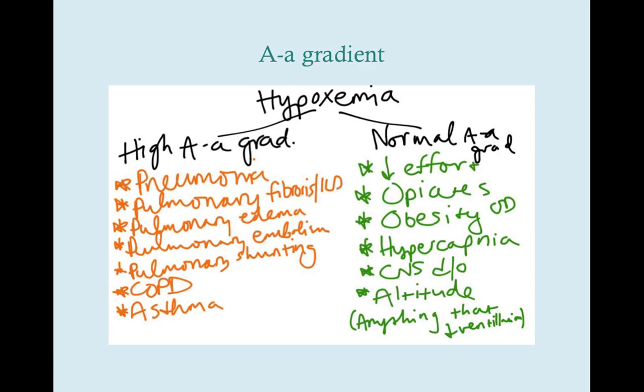And then altitude, so if there's less oxygen in the air. So anything that decreases your ventilation or decreases the amount of oxygen in your environment. So all of these are not lung related.